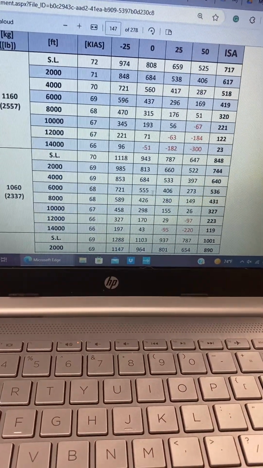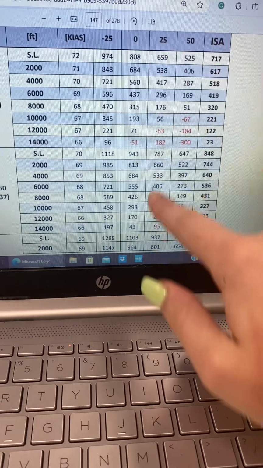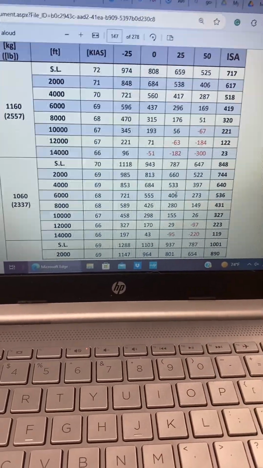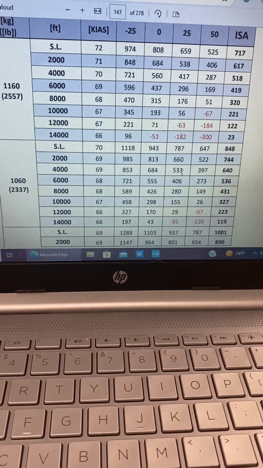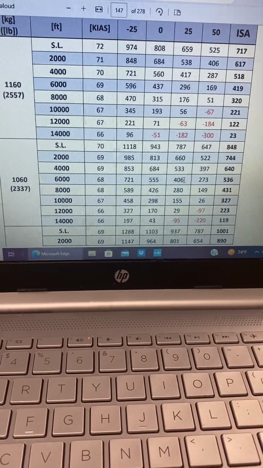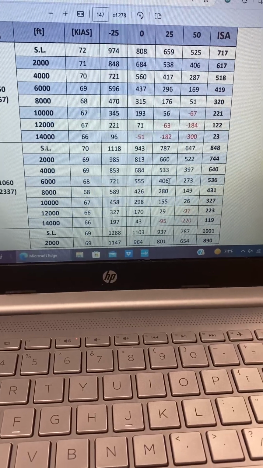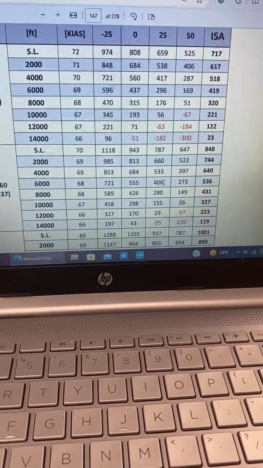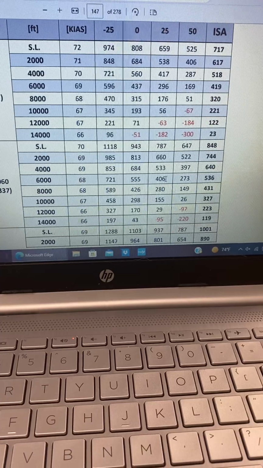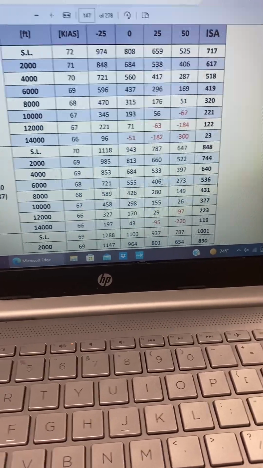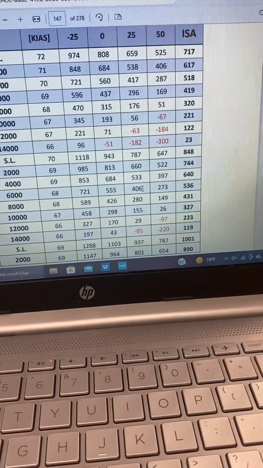We're going to go all the way to 25 degrees at the top, okay? And we're going to interpolate, okay? So we have 533 and 406. So to me, that looks like it is going to be around 470, okay? So that's the number I'm going to go ahead and put right here.